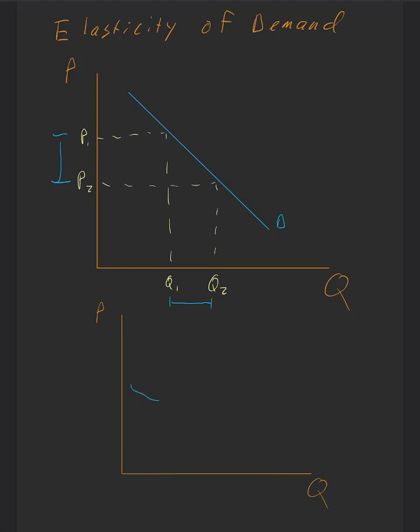Imagine that we have a demand curve that's somewhat flatter. In this case, we look at a pretty small price change. You can see that a small decrease in price leads to a quite dramatic increase in quantity. So price lowers a little bit, then we see a very large increase in the amount that is demanded, the quantity demanded.